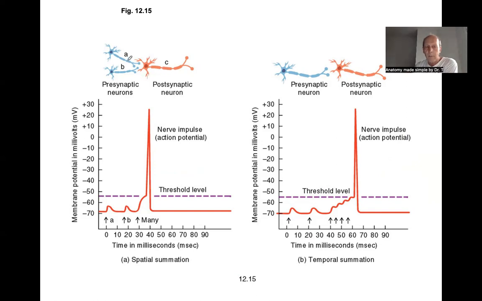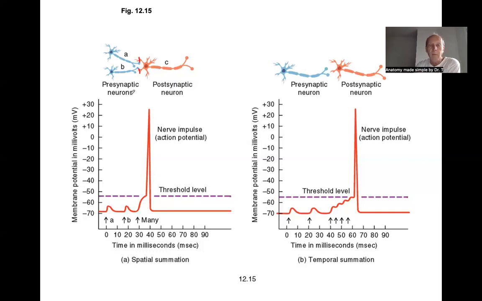So regardless of what neurons A and B are doing, if they are stimulating only this dendrite, neuron B, or only this dendrite, neuron A, basically we're going to just see and record minor change in the resting membrane potential. Not enough to bring us to threshold level -55. If A and B neurons are stimulating at a different time, basically they would just record this kind of very minute change. But it's just a hypothetical idea for us to understand what's happening.